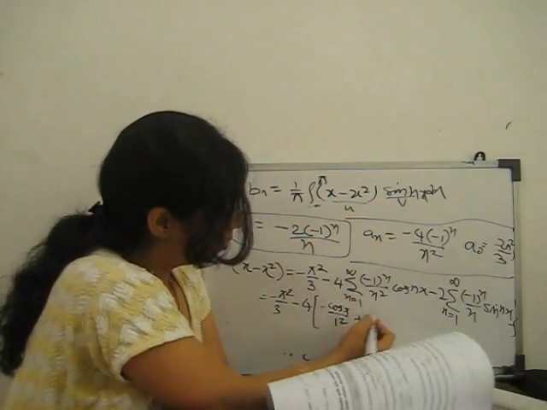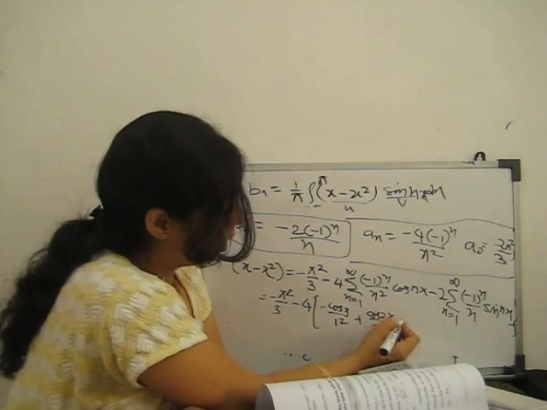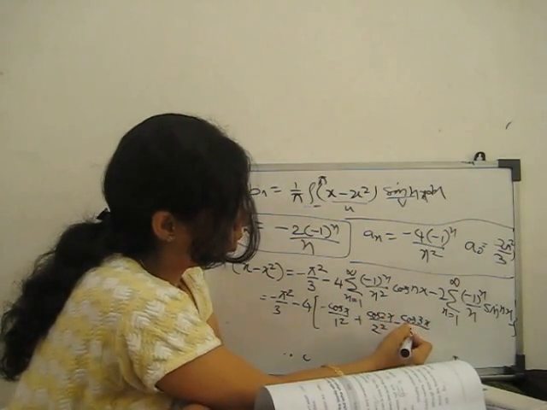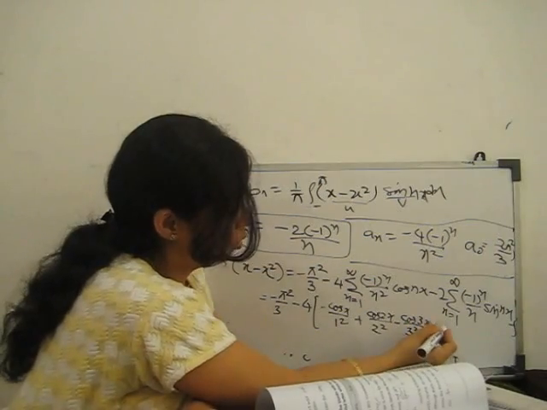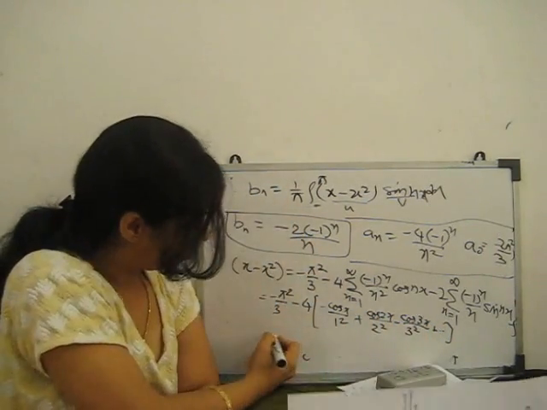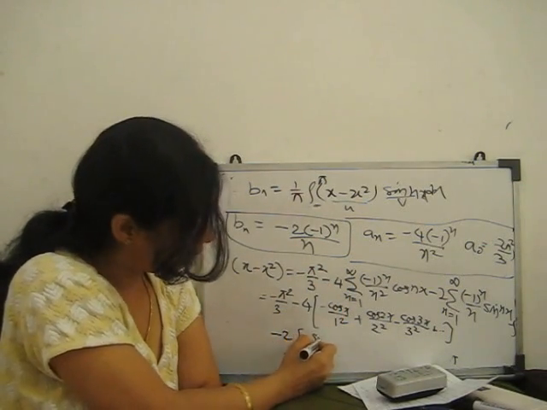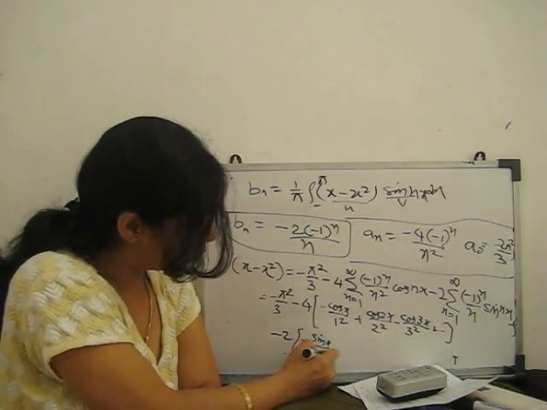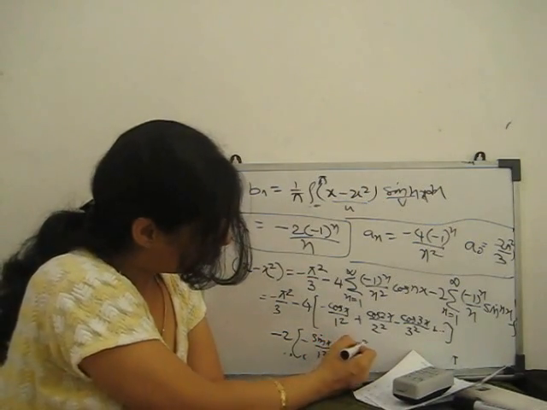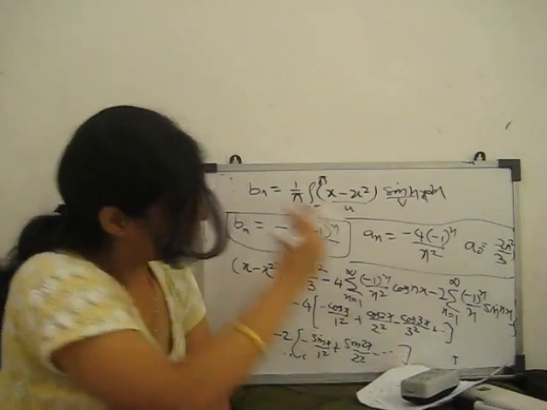Next term gives plus cos 2x upon 2 square minus cos 3x upon 3 square plus and so on. And the second term of sine: minus 2 summation, minus sine x upon 1 square plus sine of 2x upon 2 square minus and so on.